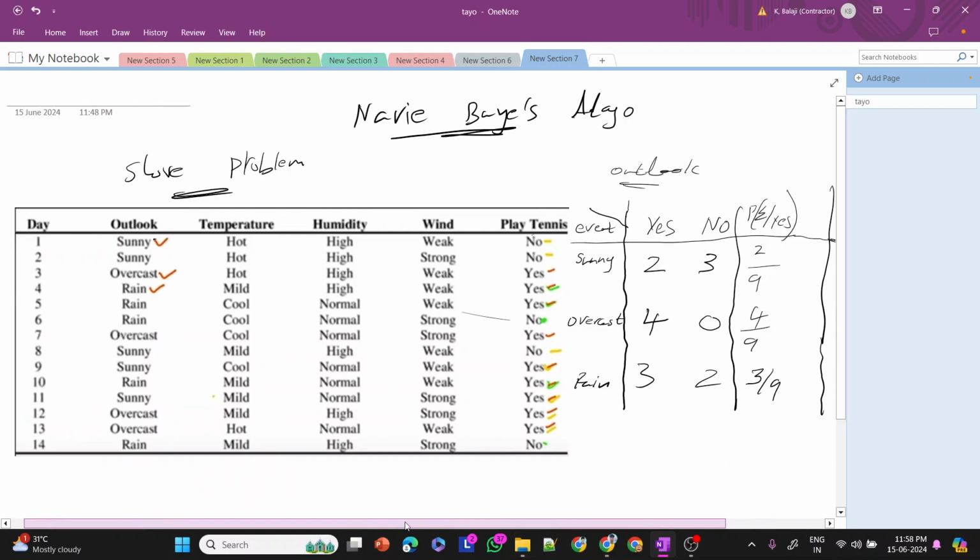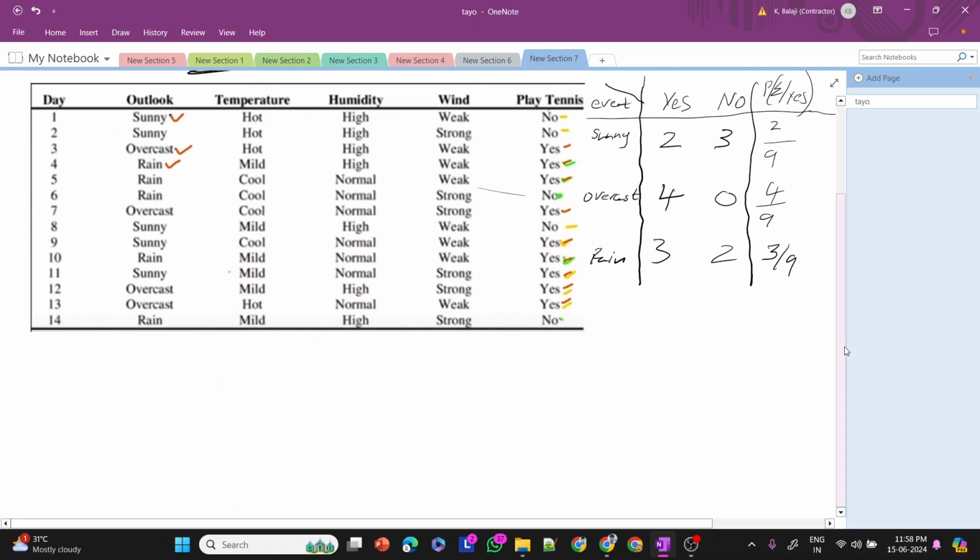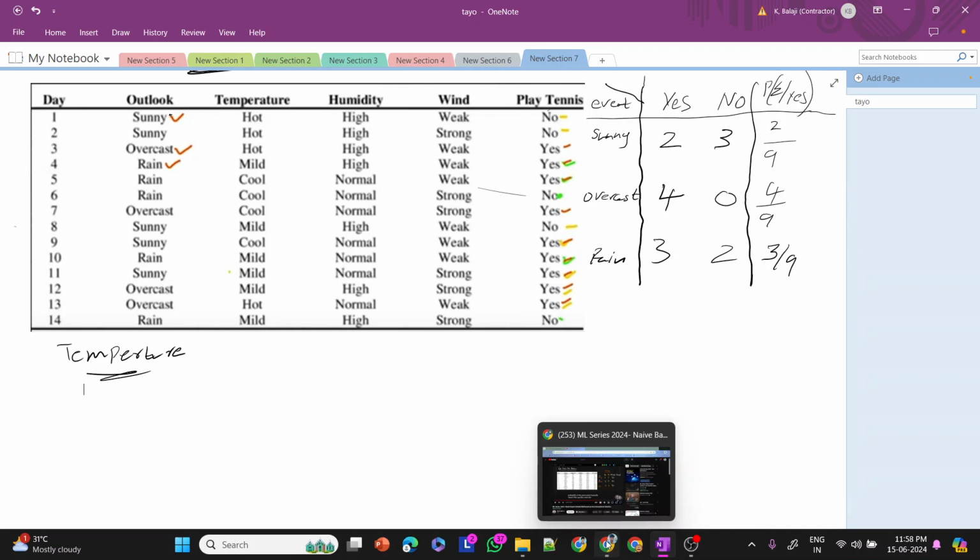Let's compute for the temperature feature. We already computed for outlook, and like that we need to find for temperature.